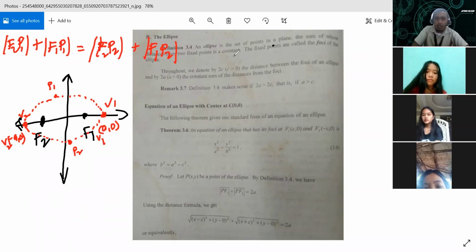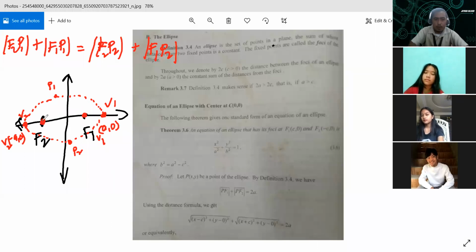While in this portion, this is the focus. Bear in mind that there are two foci: focus 1 and focus 2.